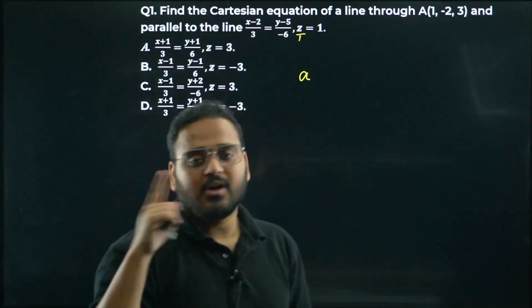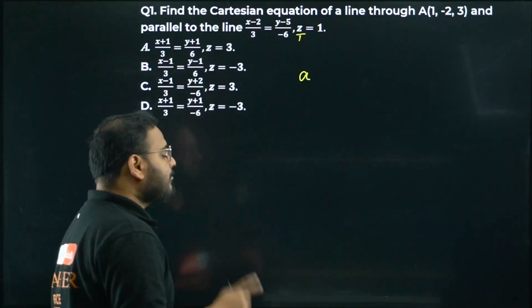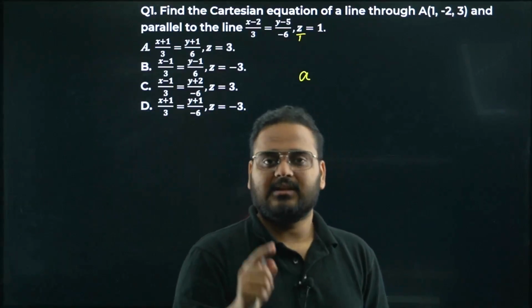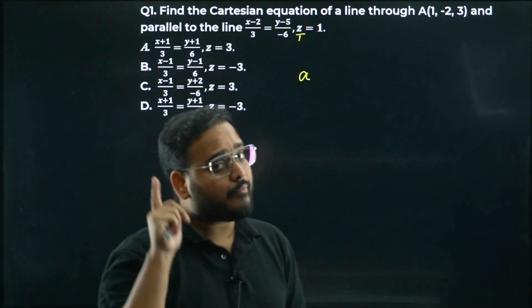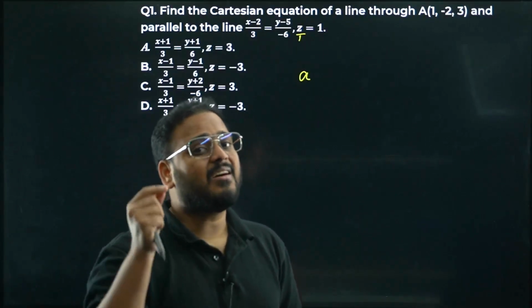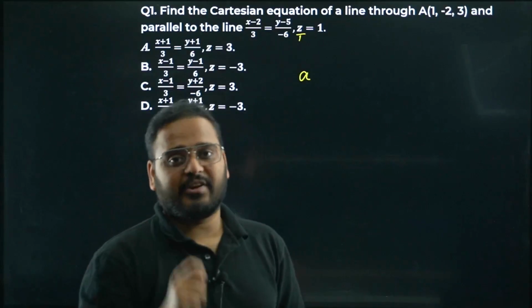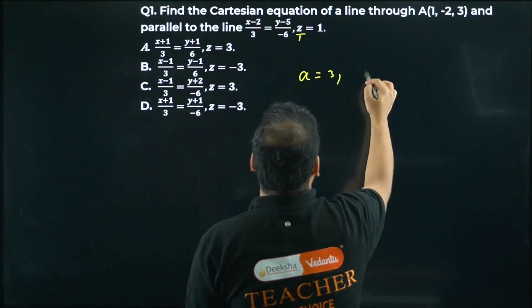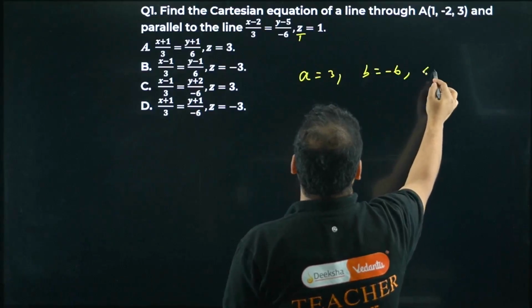I'm asking you this all the time when I'm teaching this concept. Whenever the coefficient of x is 1, then it's okay, no change. Otherwise you have to make it equal to 1. Why, bacha? Because we are considering the values of your direction ratios. So a is 3, b is -6, and c is 1.